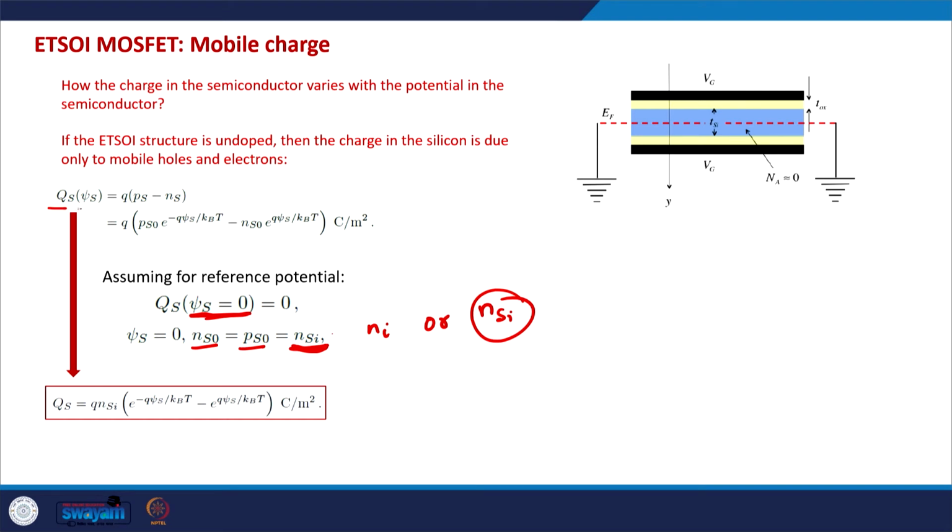So this expression of the semiconductor charge becomes Q times N silicon, the intrinsic carrier concentration in the silicon, times exponential minus Q psi s by kT minus exponential plus Q psi s by kT. So this is the total charge per unit area in the channel in this DG-ETSOI MOSFET.